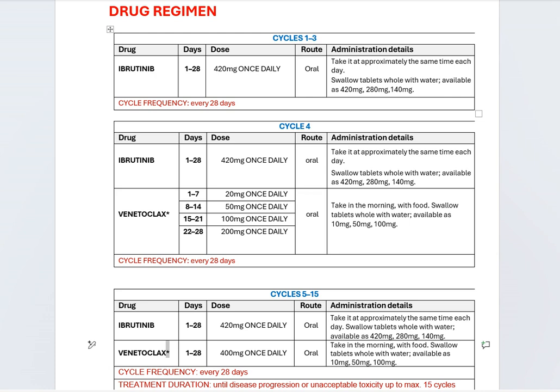Venetoclax, days 1 to 28, 400 mg once daily, oral. Take in the morning with food. Swallow tablets whole with water. Available as 10 mg, 50 mg, 100 mg. Cycle frequency, every 28 days. Treatment duration, until disease progression or unacceptable toxicity, up to a maximum of 15 cycles.